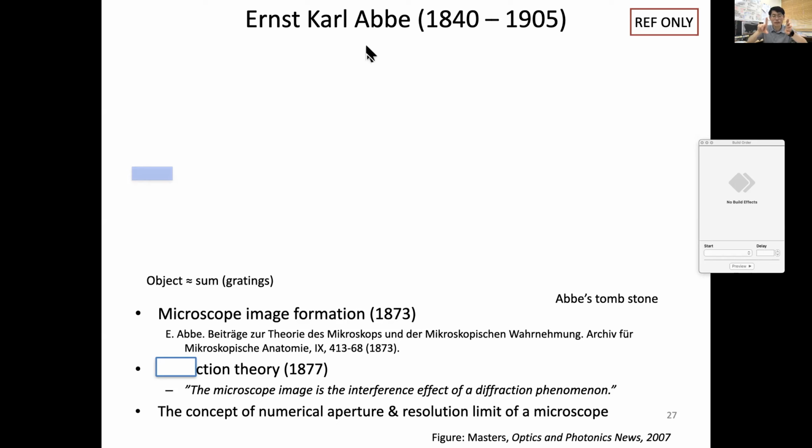This we call first order diffraction. But there are also second order diffraction and third, etc. So you remember that with this diffraction grating, the angle difference really depends on the grating period.